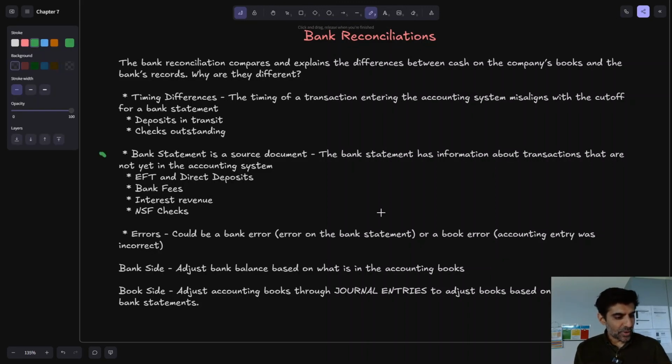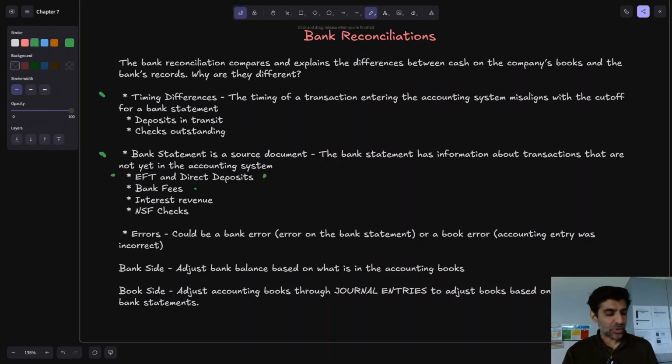Another one we touched on is that the bank statement is a source document for certain things. You haven't yet received any other source document for certain transactions. For example, EFTs and direct deposits, you'll have to look at your bank statement to see those transactions. It is going to be what triggers you to do the journal entries. Again, the bank fees, right?